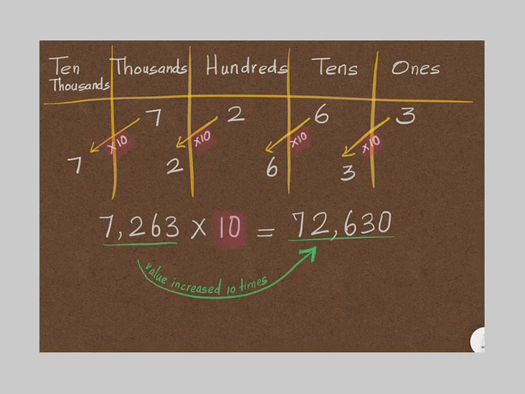When we multiply 7,263 times 10, the value of it increases 10 times and it becomes 72,630.